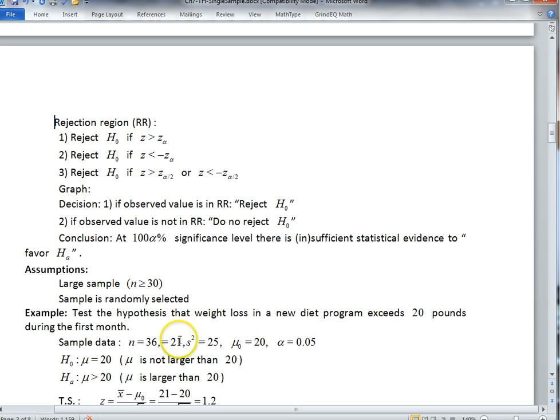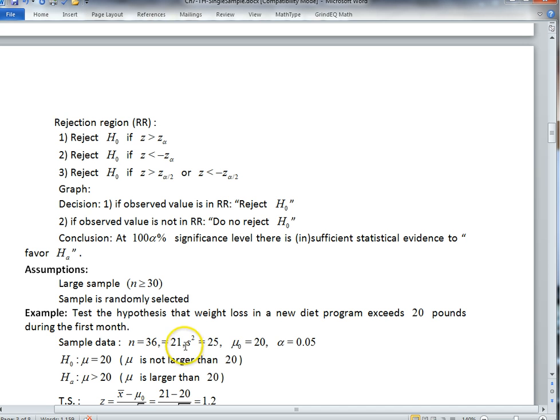But what you want to know is whether in the population, if this product is used for thousands of people, hundreds of thousands, would that exceed 20? So it seems to exceed 20 for 36 people on average, but would it exceed it for the whole population? So in that case, we need other pieces of information.